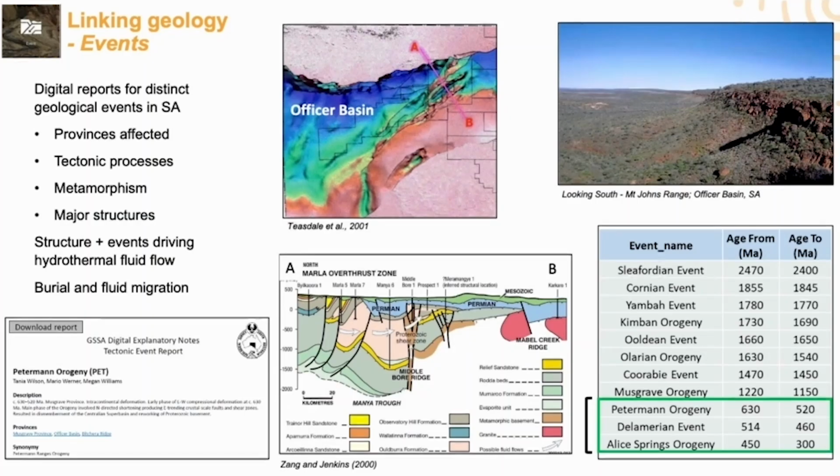If we stick with the Officer Basin, it was affected by the bottom 3 events there. Again, we'll be describing metamorphism, tectonic processes, deformation, major structures. And I think, again, this is important. If you want to understand an area, you're putting together a geological model, you want to know the history of these rocks. You want to know about major structures and fluid pathways.